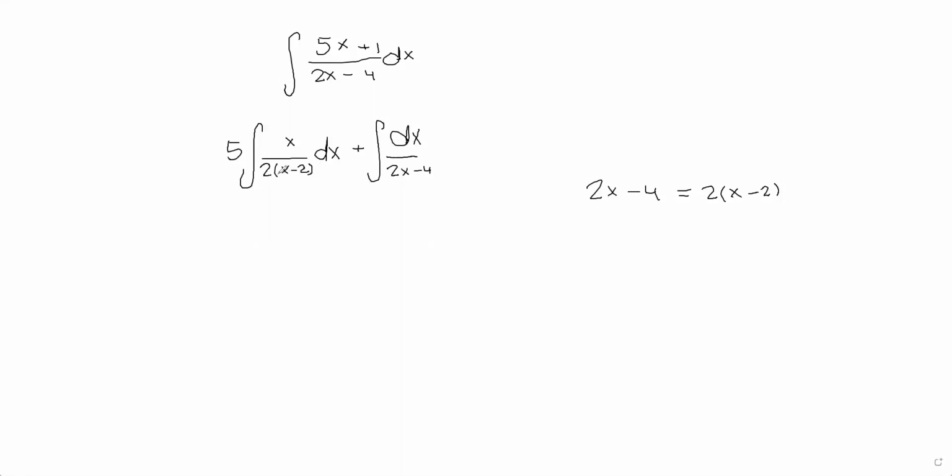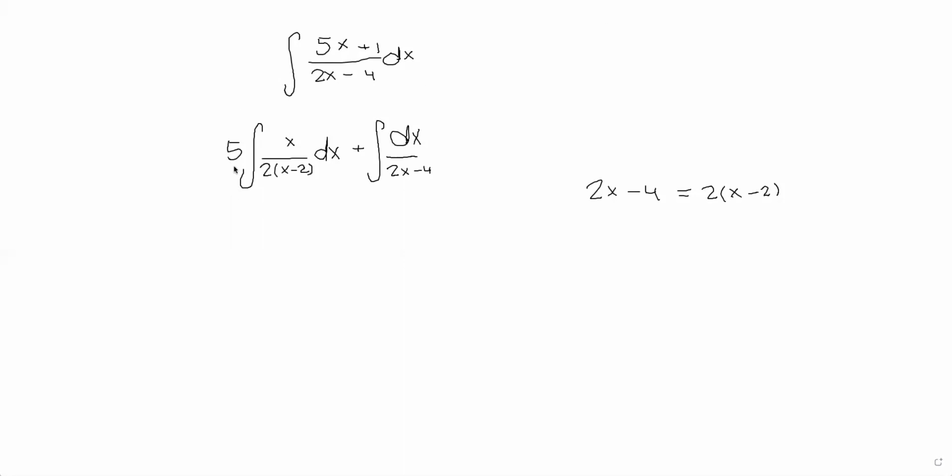The reason why it's useful is because we can think of this as 1/2 times everything else that involves x. So this is 5 times 1/2 times this variable expression on the inside of the integral. We can actually do something that makes things a little easier for ourselves. We can move the 1/2 out front. So that way, instead of having a 1/2 inside the integral, we're going to have a 5/2 on the outside.